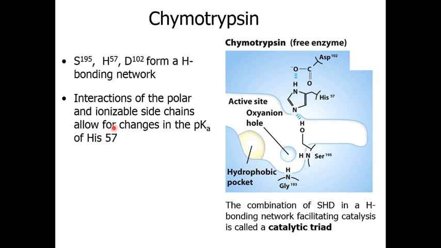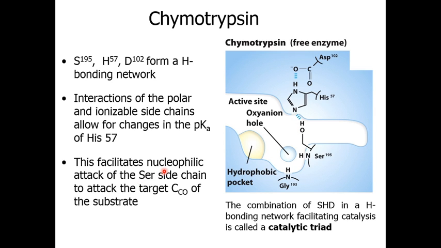Interactions of the polar and ionizable side chains allow for changes in the pKa of this histidine 57. As you may know, histidine has a pKa of 6.5 for its side chain. Now that pKa can be tuned if you allow enough hydrogen bonding interactions with the nitrogen on the side chain.